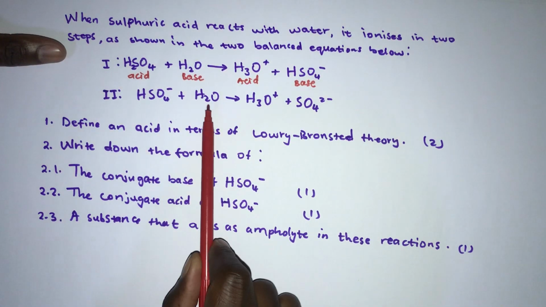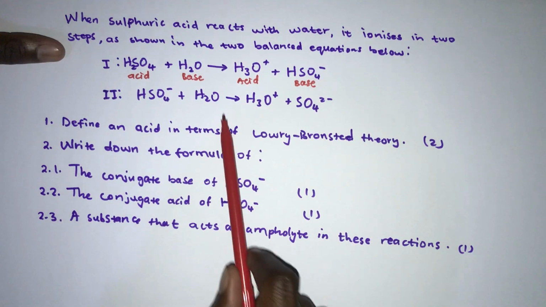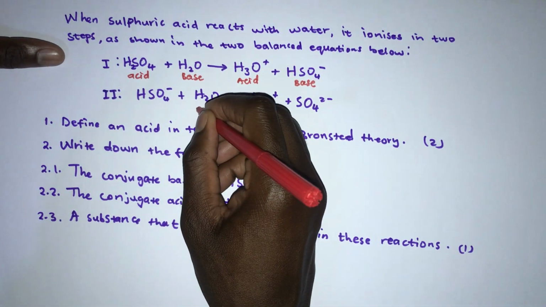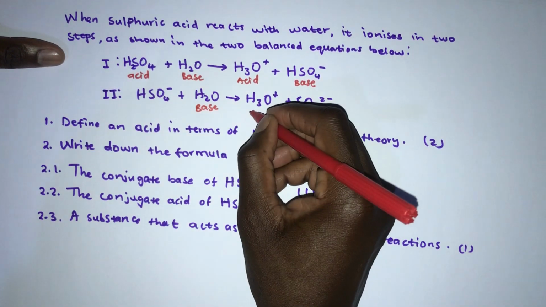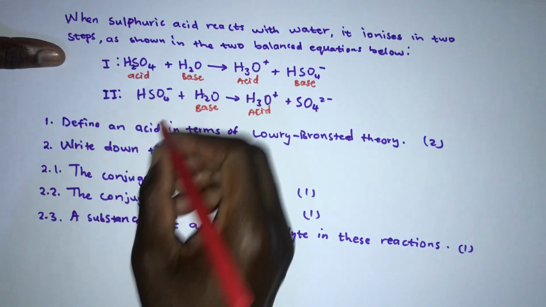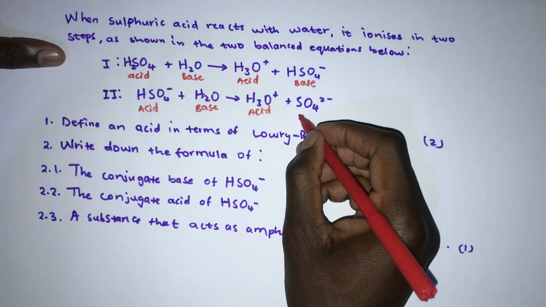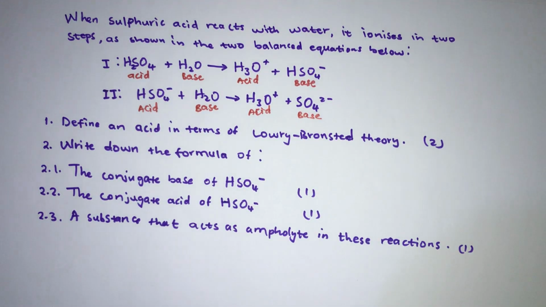Reaction number 2, this one was 2 and then became 3. It means that it accepted the hydrogen. So since it accepted the hydrogen, first it was a base, and then last it was an acid. It became an acid, so it means that this one is an acid, and then it became a base. So the left hand side you have acid base, the right hand side acid base, just like that.